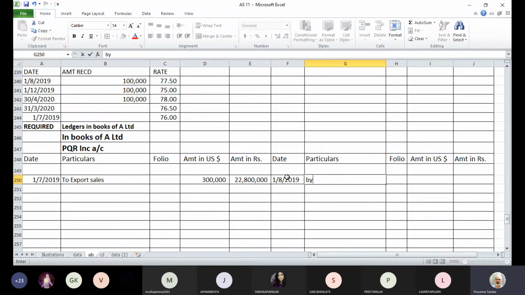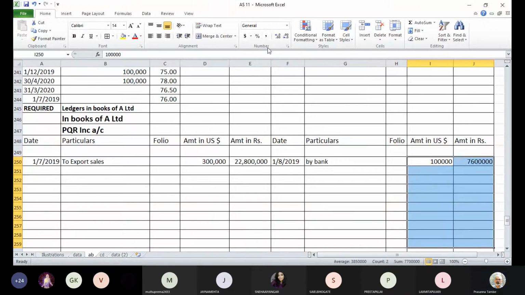By bank, we have received $1 lakh, and we will credit this at original rate of booking, which was 76 per dollar. So 76 lakhs stands credited over here.